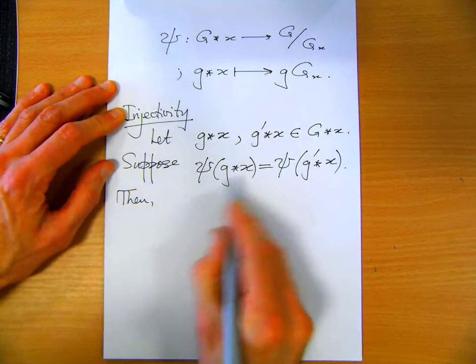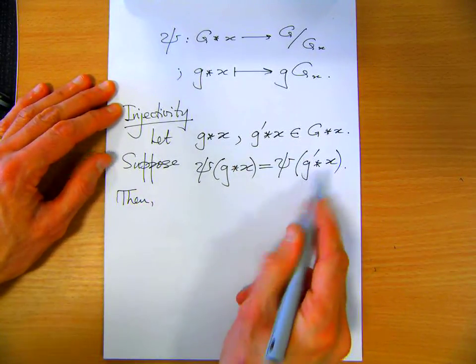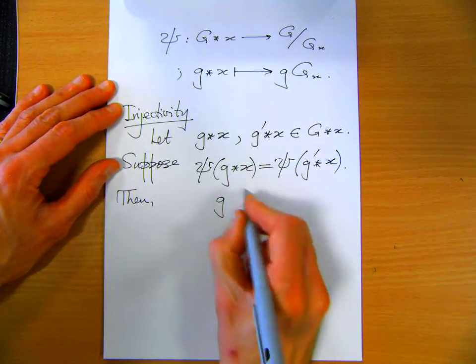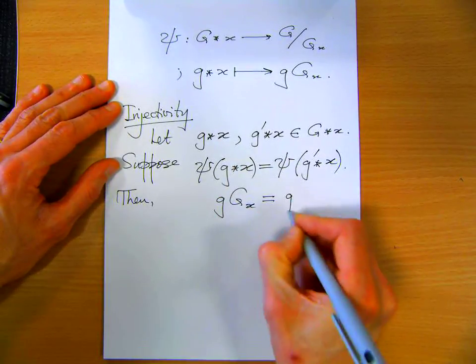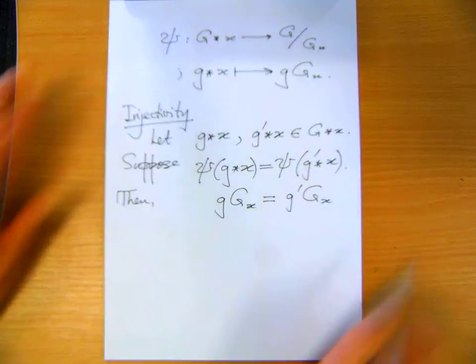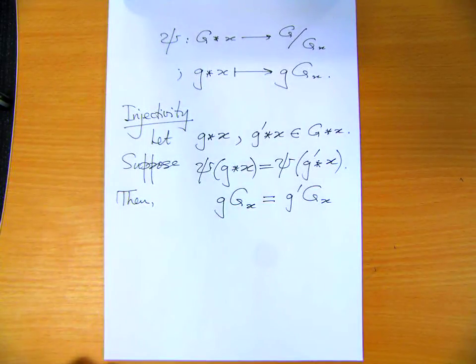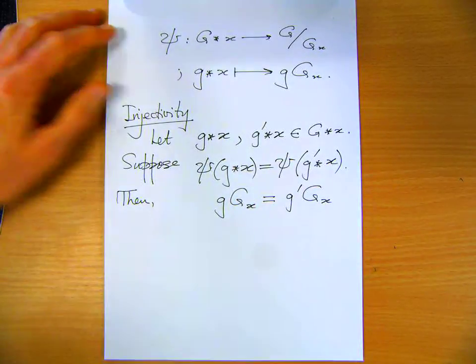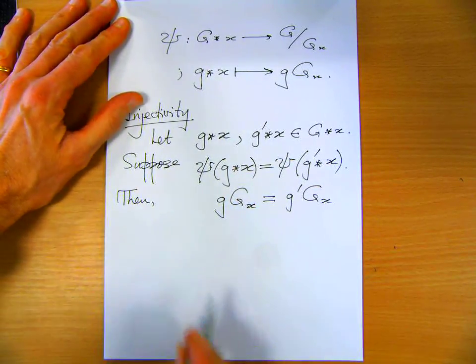Well, if psi of g star x equals psi of g prime star x, that means that the two cosets are equal. And now I'm going to reverse the argument I had a few seconds ago. I could have done it all in one, but it's perhaps best to spread it out.